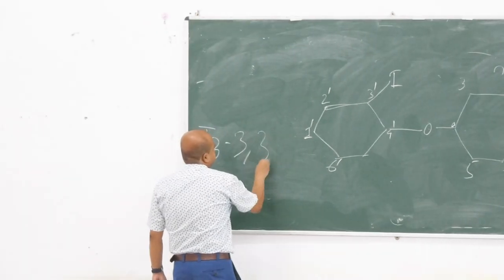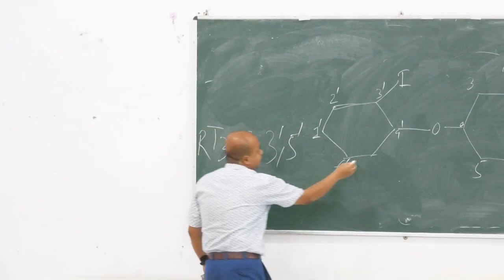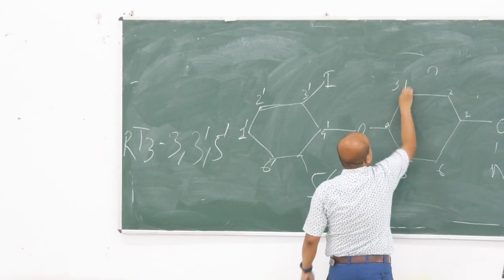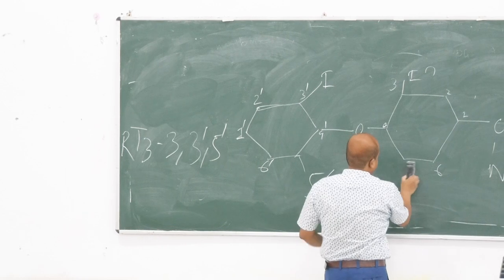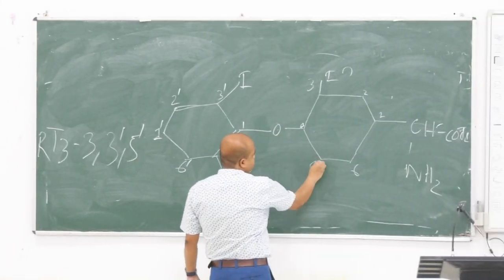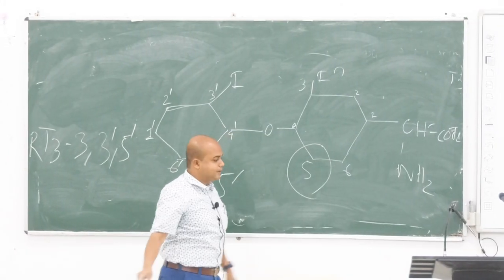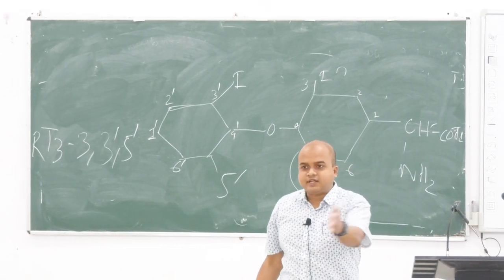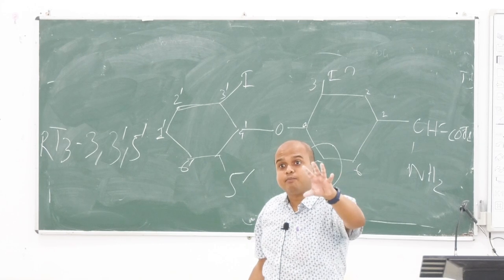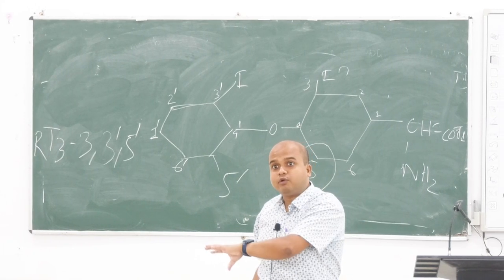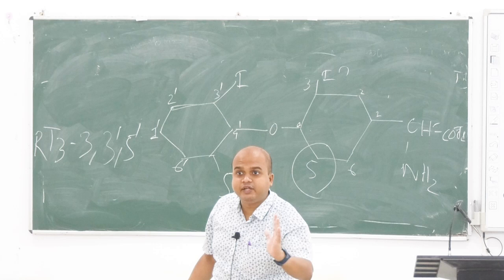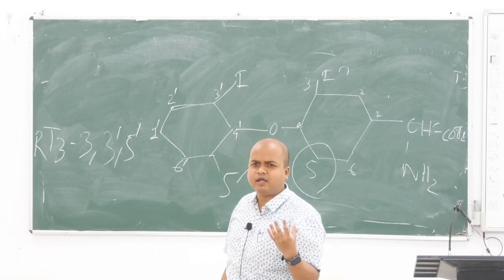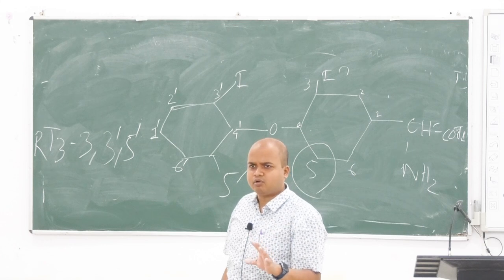RT3 is, that means, in the first molecule, during condensation, when the second molecule is coming, this second molecule is DIT. First molecule is MIT. That means condensation of DIT into MIT forms RT3. Very minute amount.